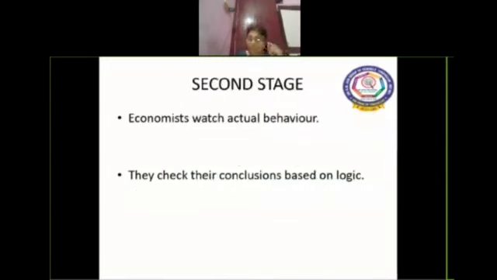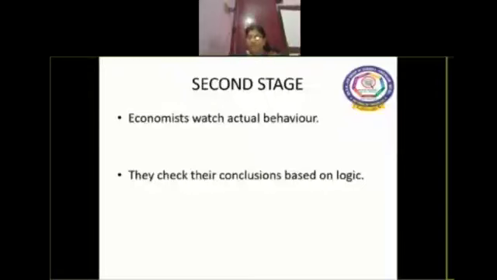In this stage, the purpose is to check the conclusions based on the logic. It is possible that the actual behavior, how the consumer is expected to behave, may not tally with the logical behavior the economists visualize. They would have predicted something, but the result will be opposite to that.